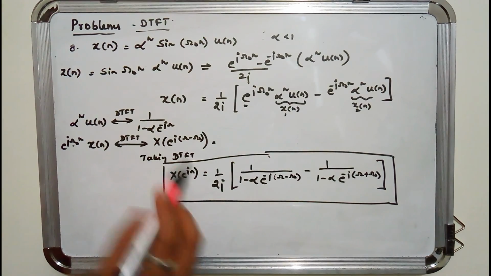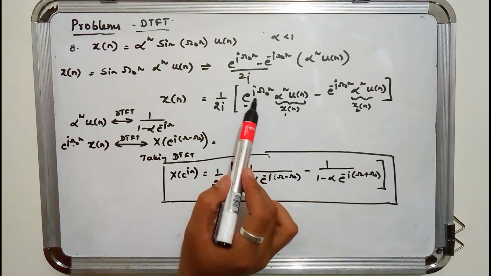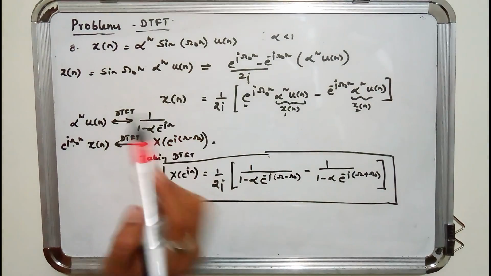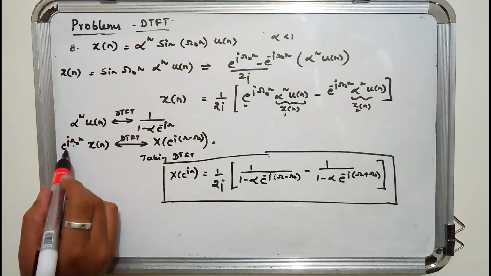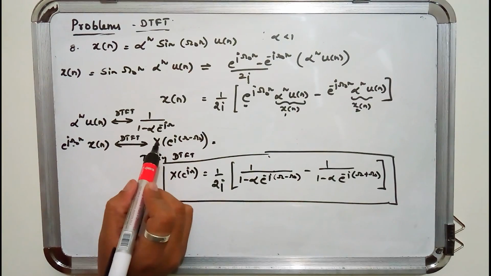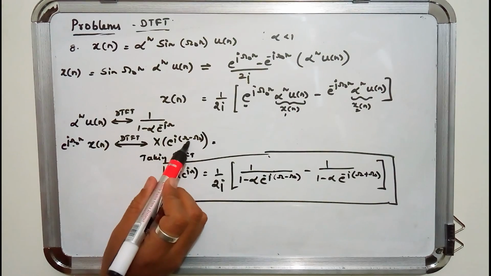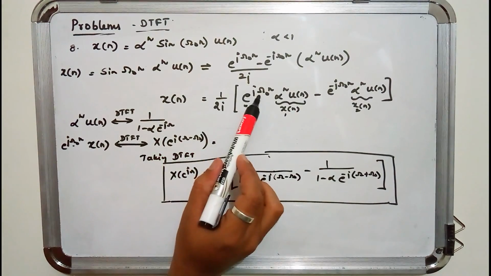So the only difference is you convert the sine function into exponential functions and use those exponentials in the frequency shift property. The frequency shift property is that an exponential multiplied by the input gives the Fourier transform shifted by the frequency term. So the frequency term here is omega naught.